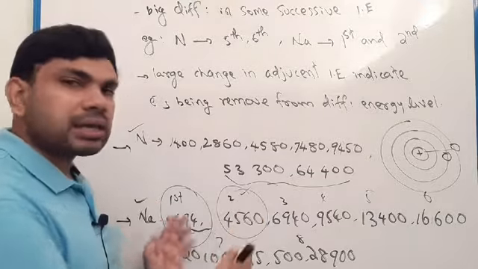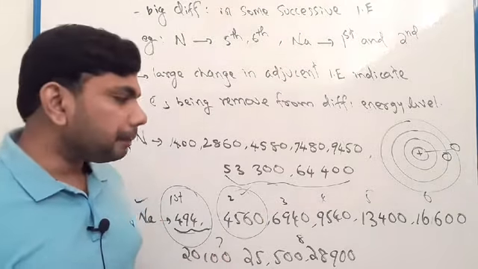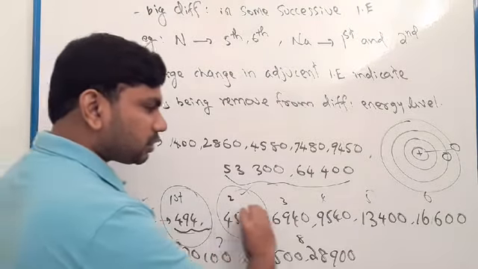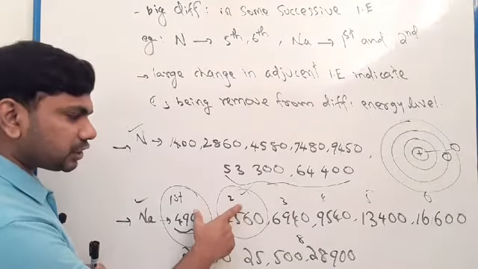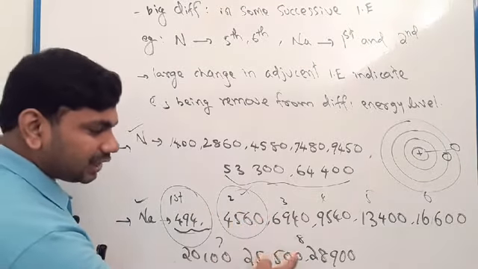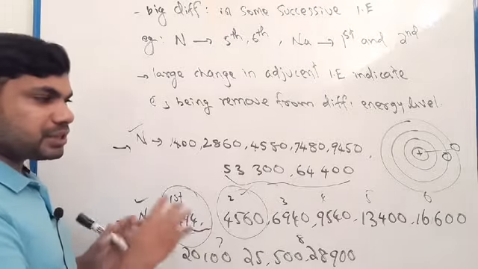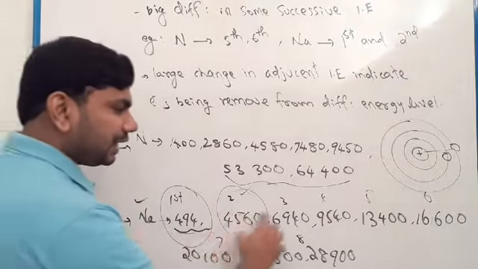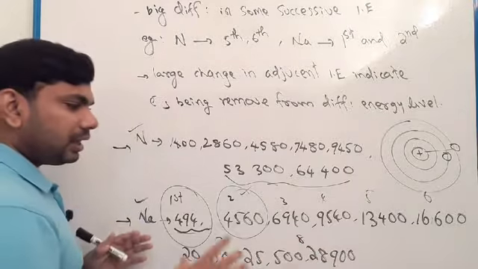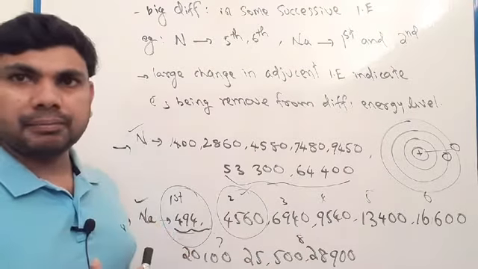So these electrons are in different energy level. But when you consider rest of the ionization enthalpy from second ionization enthalpy to 8th ionization enthalpy, these values are much close. It indicates that these 8 electrons are in same energy level.